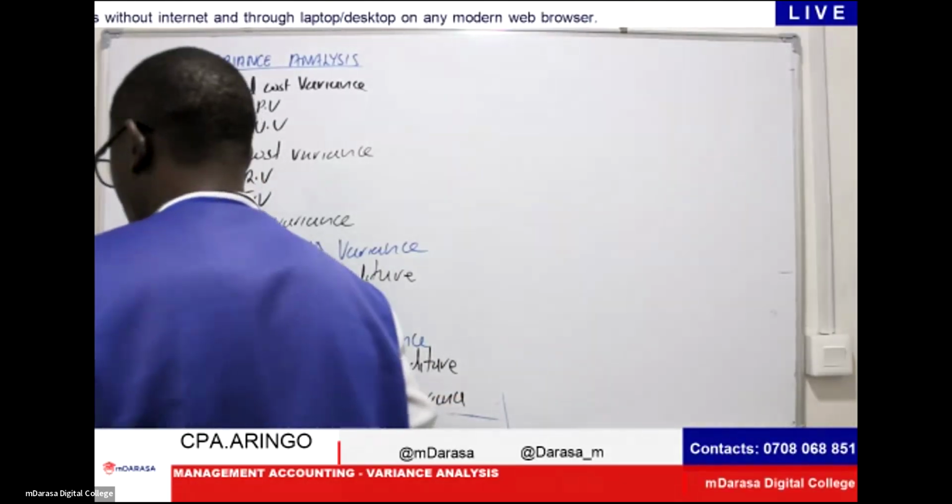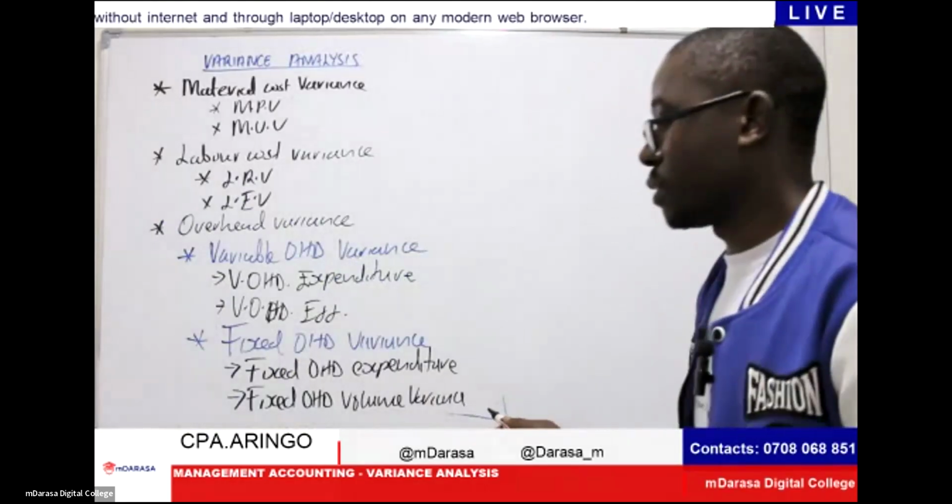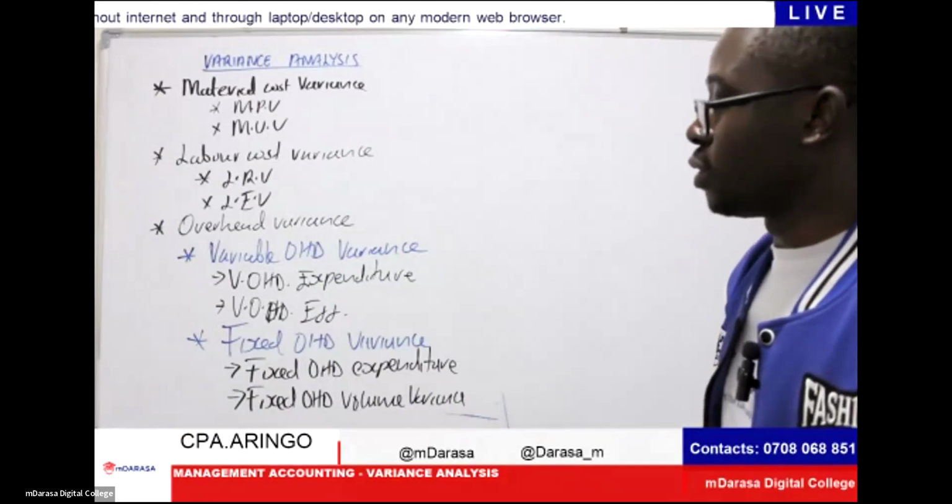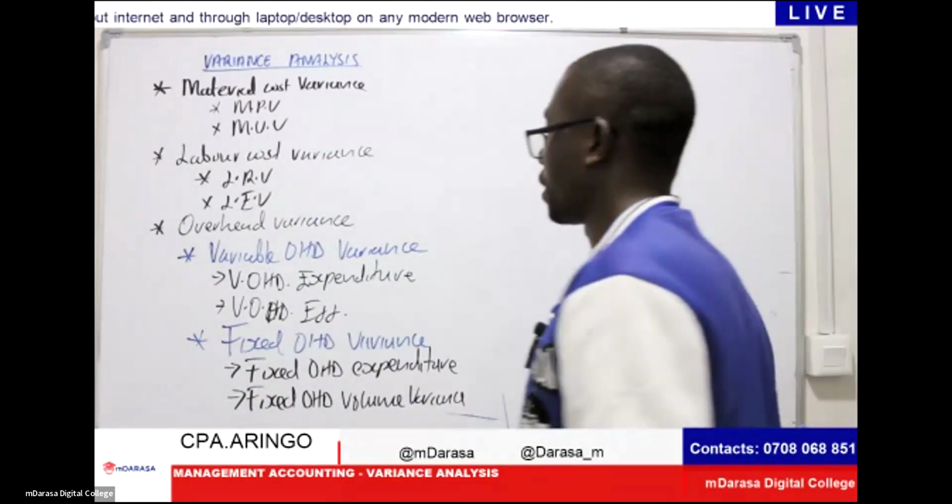We agreed that fixed overhead volume variance is a special child, because it behaves opposite compared to the other forms of variances.